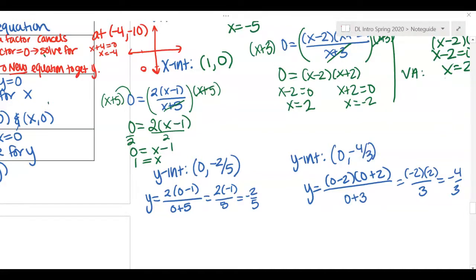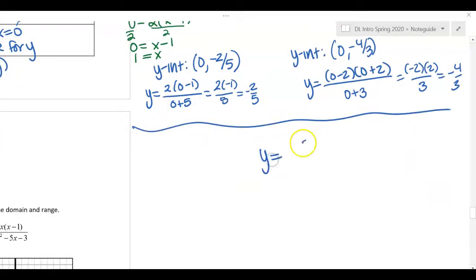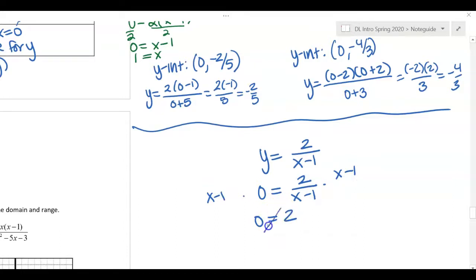And just again, a side note on something that could happen. Let's say that you were solving for an x-intercept for something like this. And so you set y equal to 0. And you went to solve this equation. So you'd get 0 equals 2. This is not a valid solution.